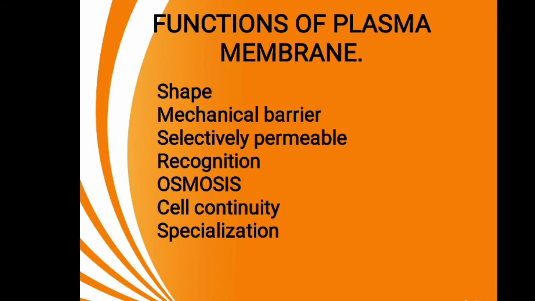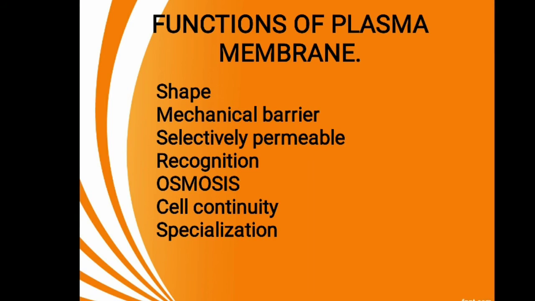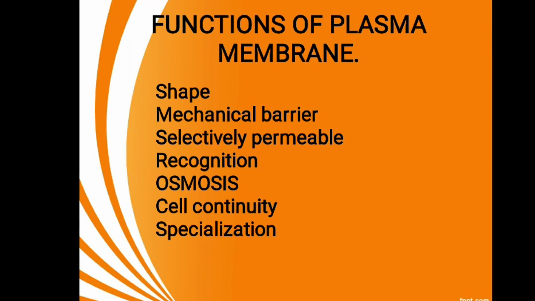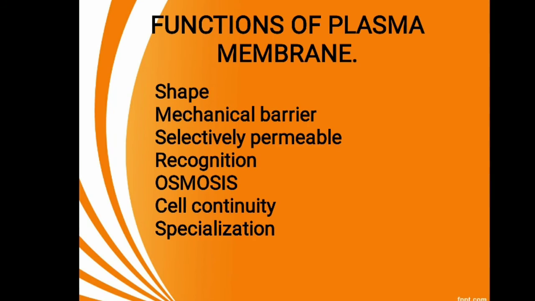That is called selectively permeable. Not only that, it has substances over its surface which recognize different substances and form the defense against the microorganisms. And osmosis is a major function of the plasma membrane where it creates the water channels.